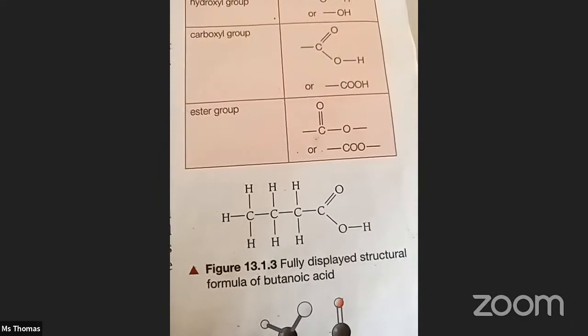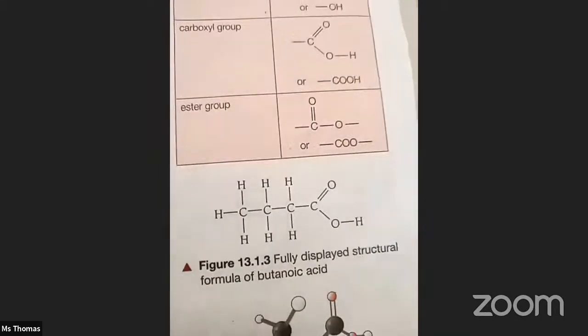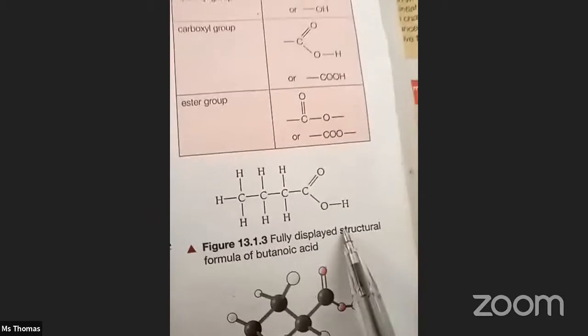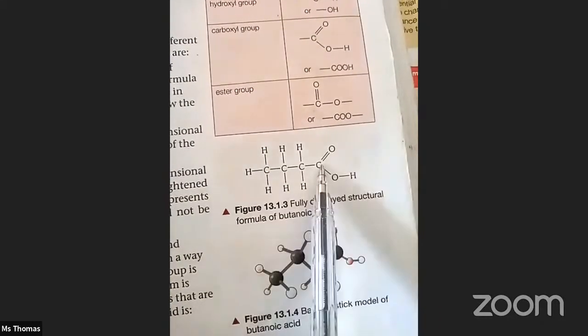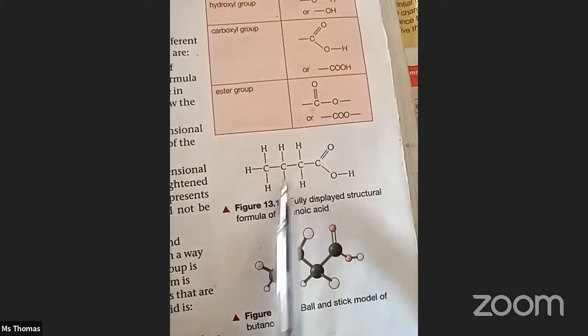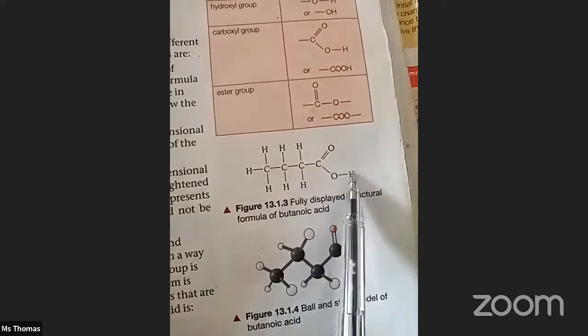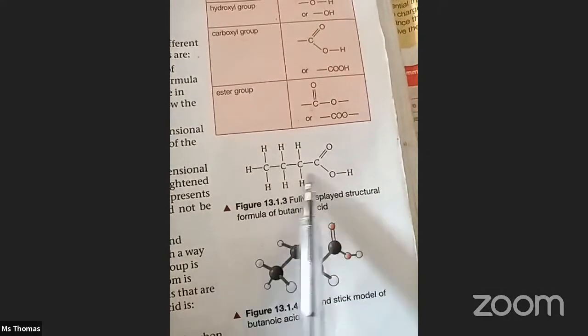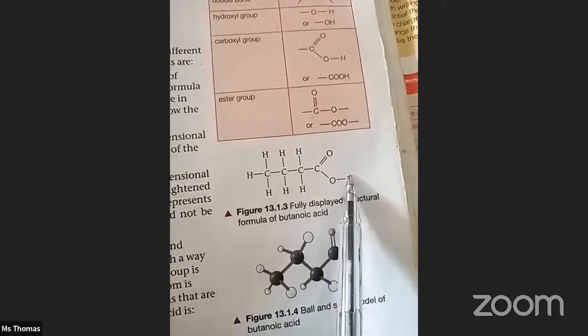It is the structural formula, and it actually says it right here, structural formula or displayed structural formula. Are you seeing the screen? Yes. And what that means is that you can see all the atoms and exactly where they are placed in the compound. All right, so this is the displayed structural formula.